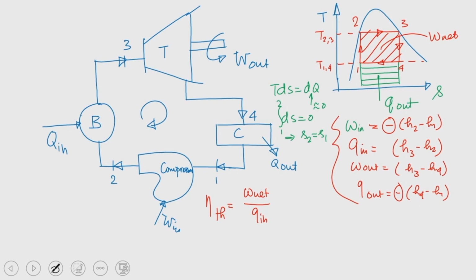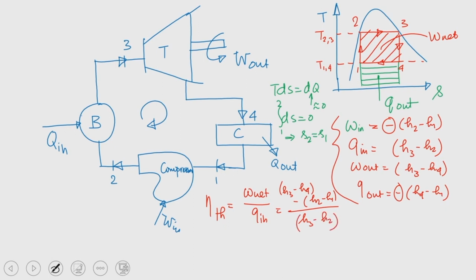So, W net is (H3 minus H4) minus (H2 minus H1), divided by Q in, which is H3 minus H2.